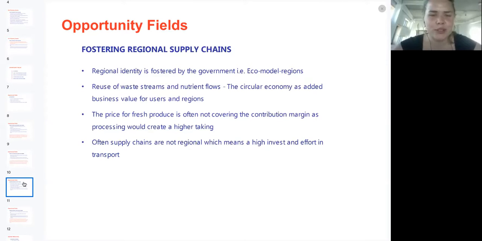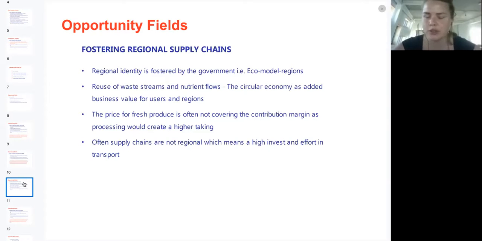And an opportunity in this is that the reuse of waste streams and of different nutrient flows, maybe parts of a production, can also be reused at different points of the value creation. And this can be an added value, actually, if they are connected.